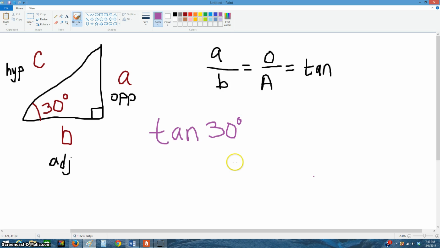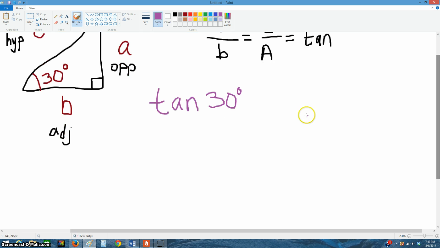If you remember correctly, tangent is sine over cosine, right? Okay, so we have sine over cosine, or if you're looking at your unit circle, sine represents what coordinate?